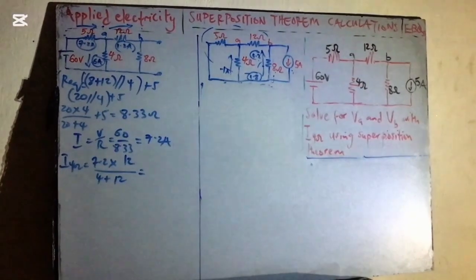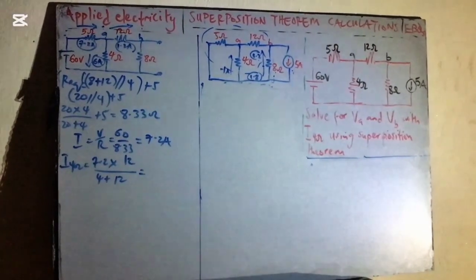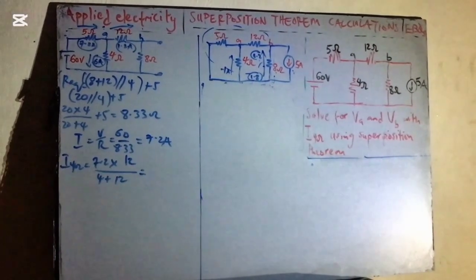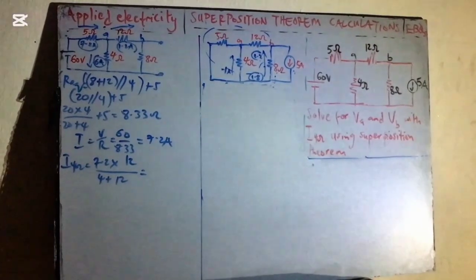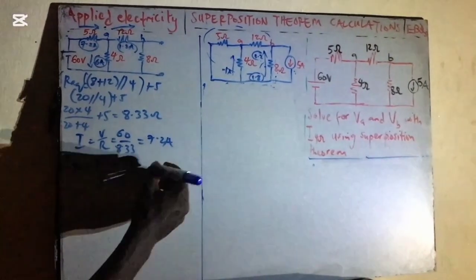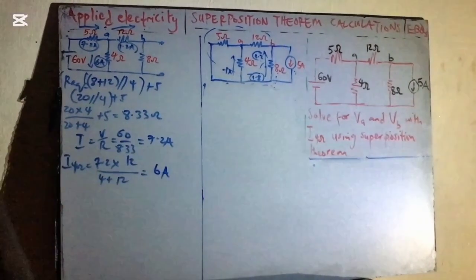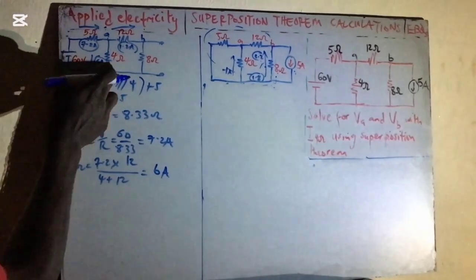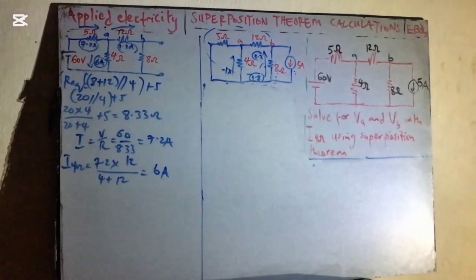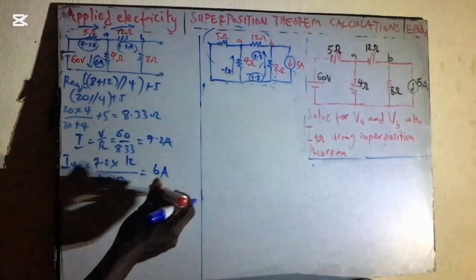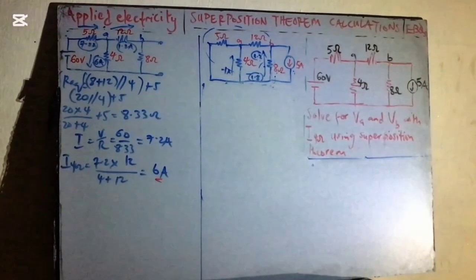When you use a calculator to calculate that, the current in the 4 ohm resistor will be 6 amperes. So here is 6 amperes. We've gotten one of the things we were asked to find, the current.